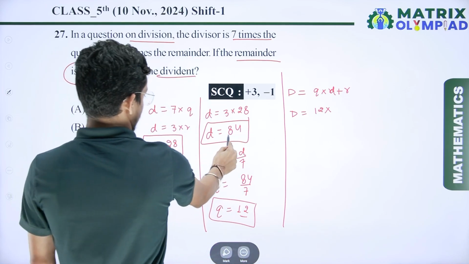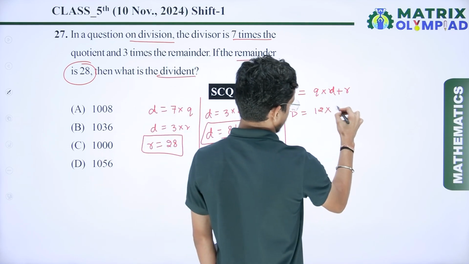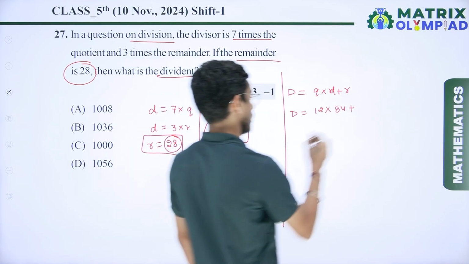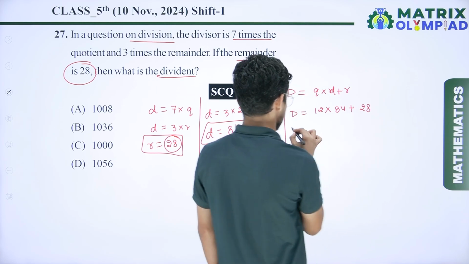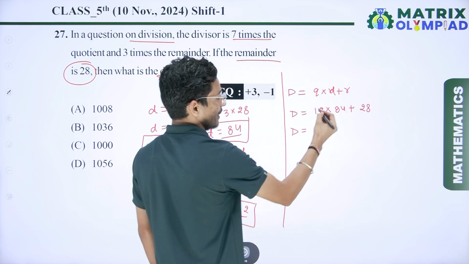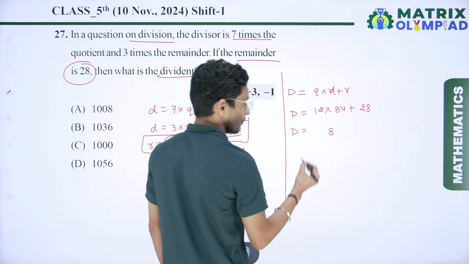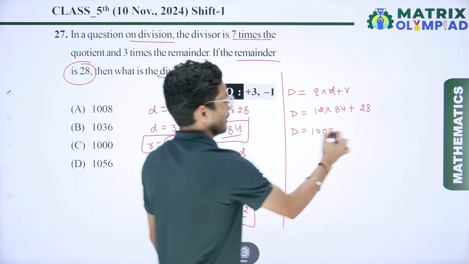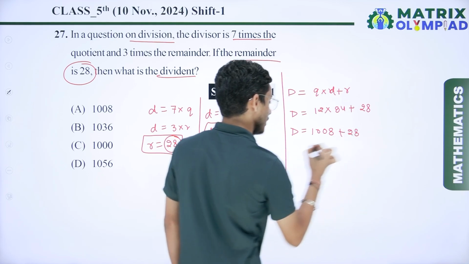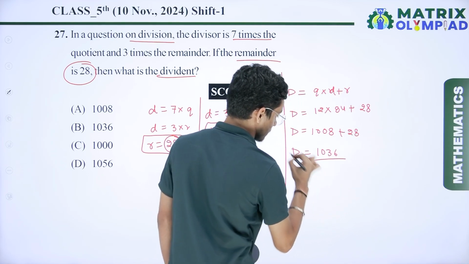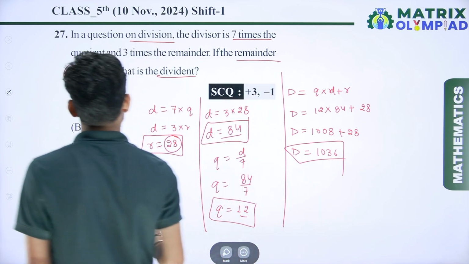So divisor we have given 84 plus remainder, that is we have given 28. So I can say dividend is equal to 12 multiply 84. If I multiply here, I get 1008 plus 28. So simply we get 1036. So dividend here we get 1036.